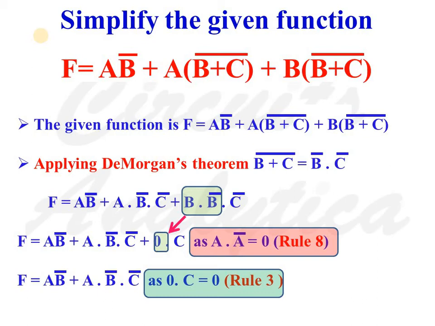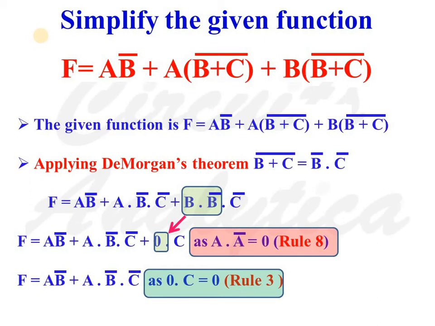According to rule number 8, B into B bar is equal to 0. Therefore, we can write F is equal to A B bar plus A B bar C bar plus 0 into C. According to rule 3, 0 into C is equal to 0.